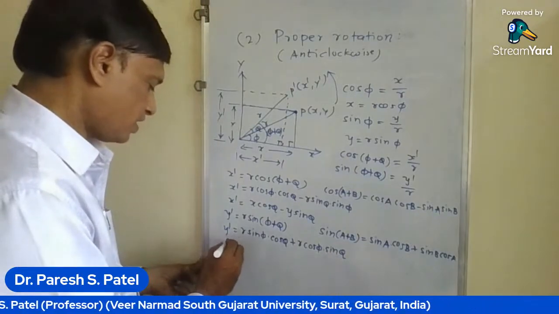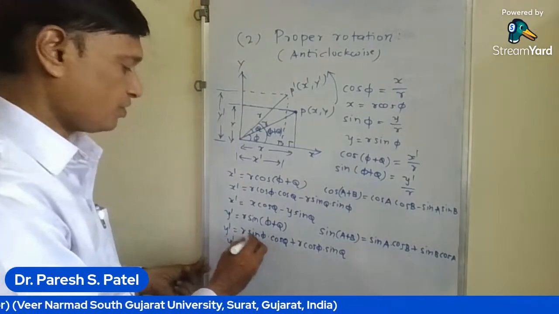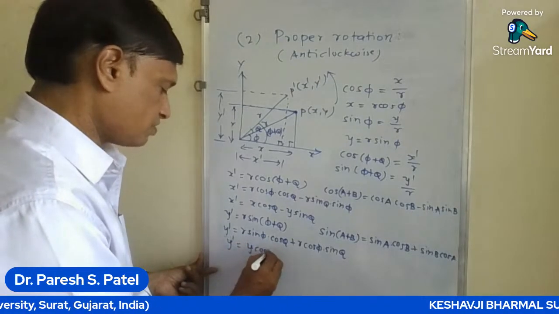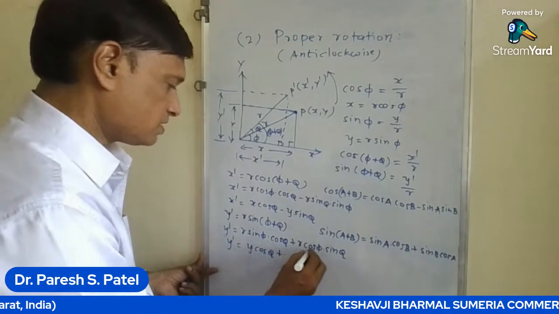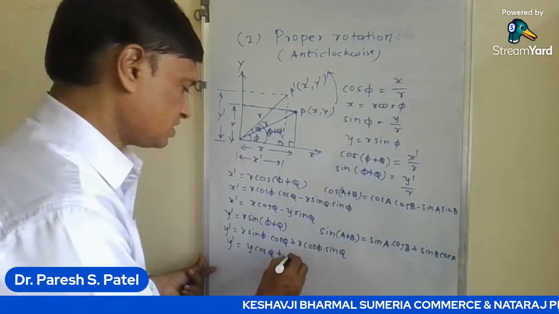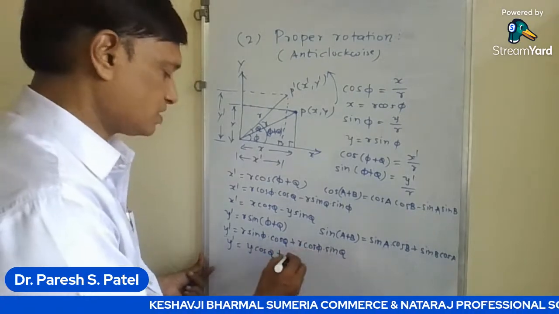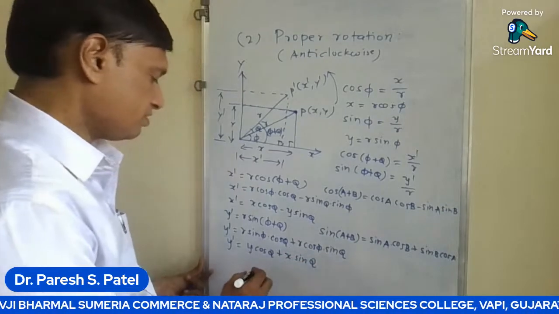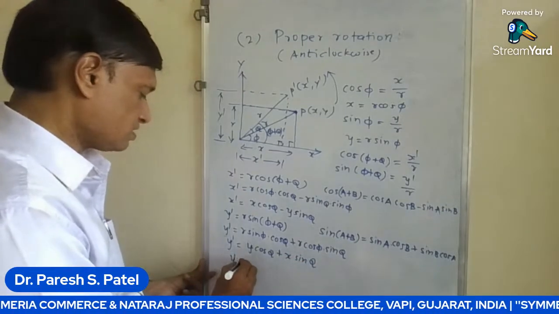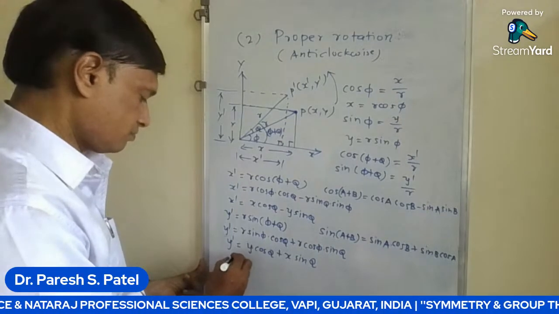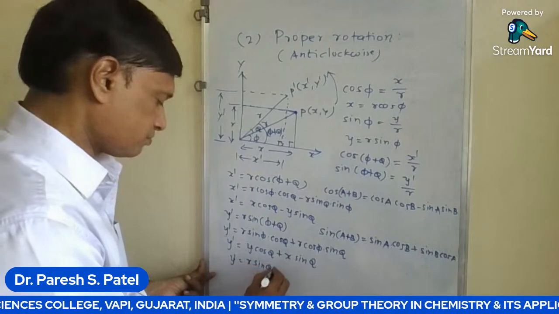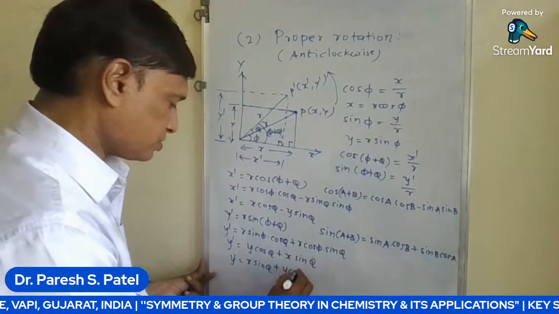We know that r sin phi is equal to y and r cos phi is equal to x, so y dash is equal to x sin theta plus y cos theta.